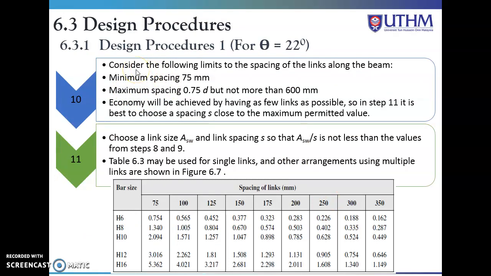So we can follow this limit, which is the limit for the minimum spacing is 75, the maximum spacing is 0.75 D, but not more than 600 mm. Okay. Then the next step is step 11, which is to choose a link size ASW and the link spacing S, so that ASW over S is not less than the value from step 8 and 9.